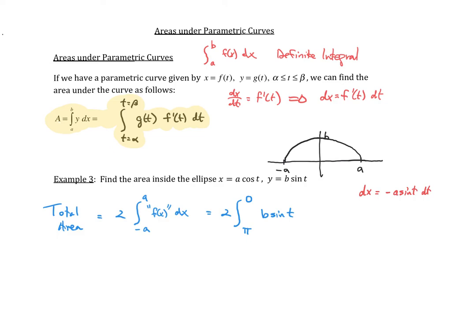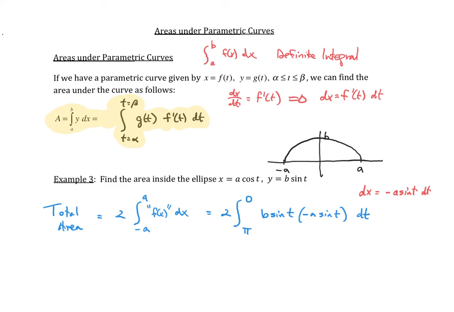So let me pop that into my integrand, and we're going to get a negative a sine of t dt like that.